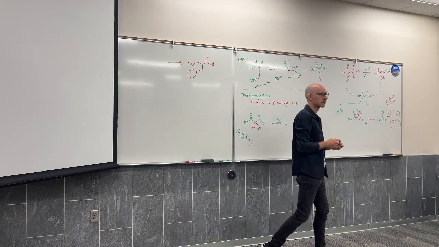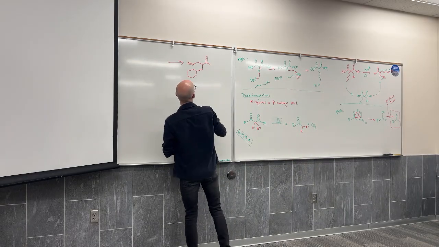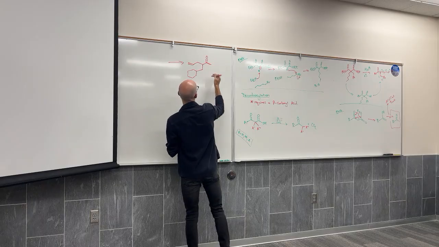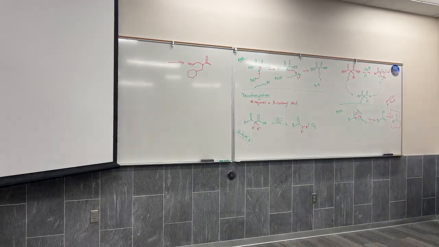And one step? Oh, sorry, that's not what I wanted. I wanted it to be this. Not in one step, nope. You'll need to decide what your best starting material is. Start from malonic ester or the acetoacetic ester. Find a way to make this ketone.